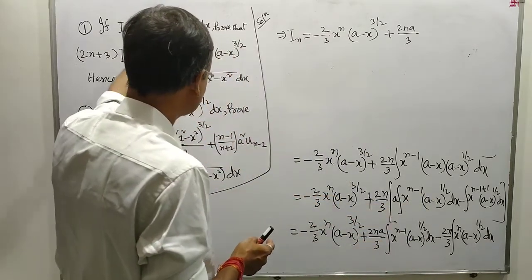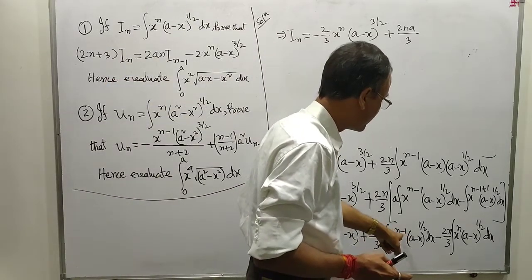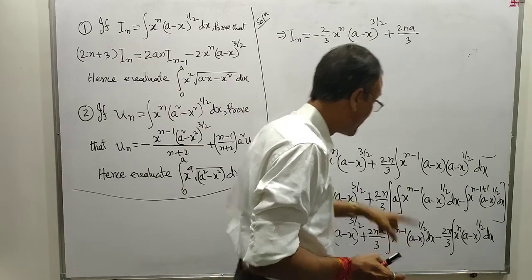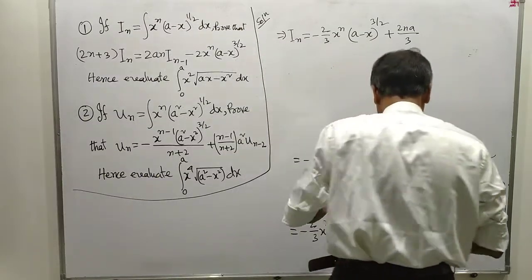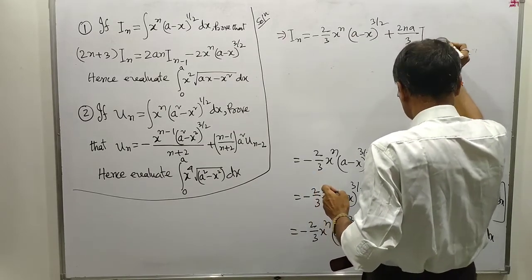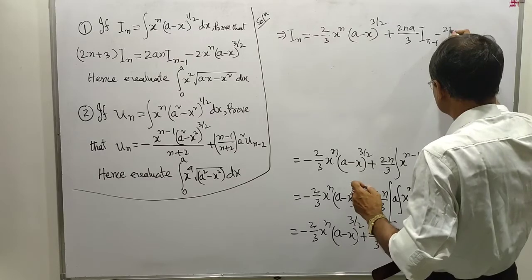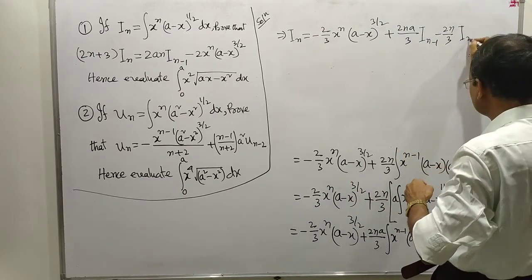What is the difference between this term and this term? Just n is replaced by n minus 1. If I_n stands for this, this must stand for I_{n-1}. This is again I_n, this is again I_n.